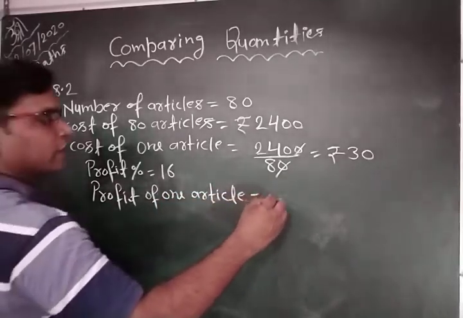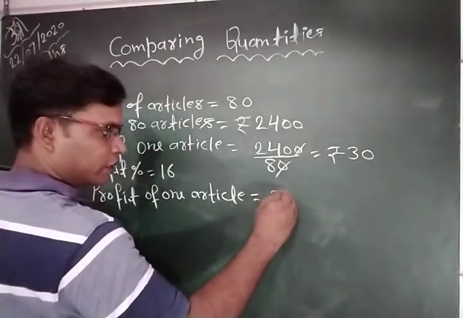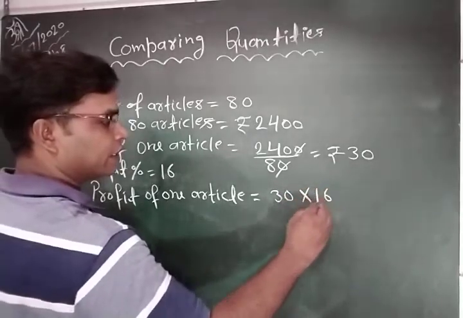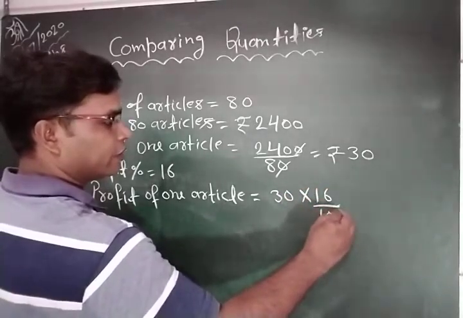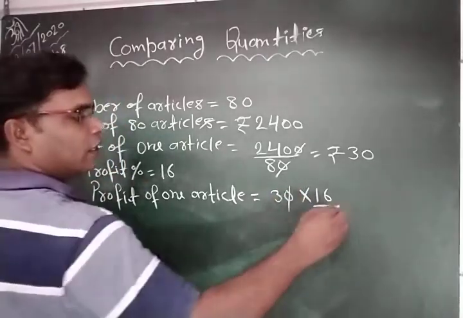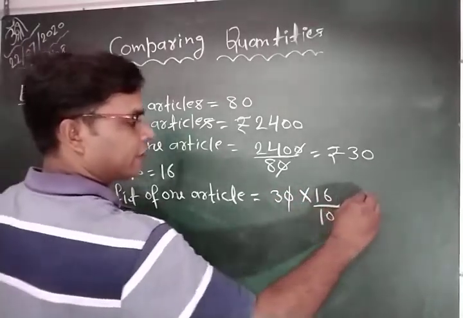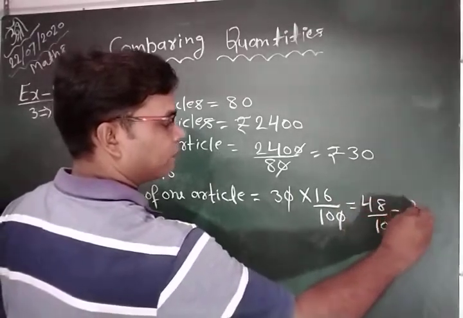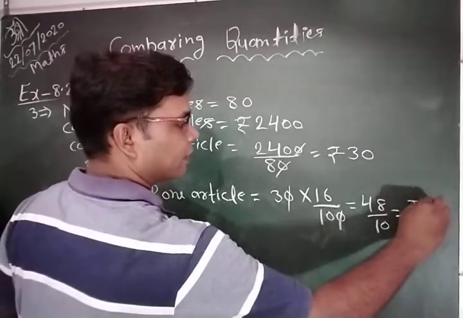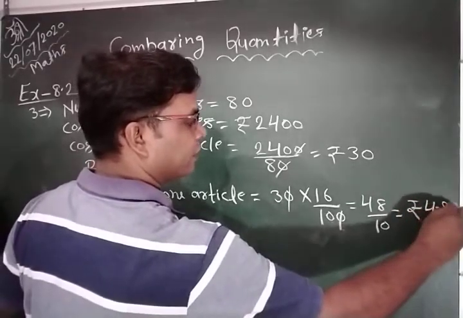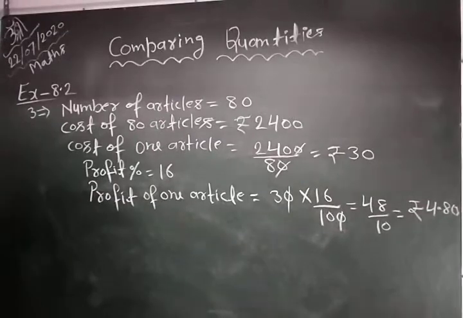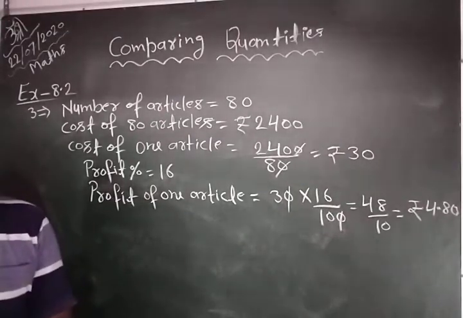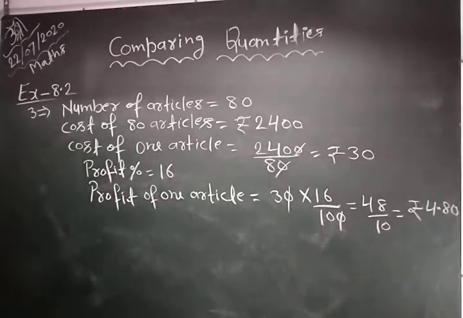This is equal to, the cost of one article is equal to 30 rupees, and the profit of one article is equal to 30 into 16/100. Okay. So 1 0 cancel here, and 16 3 is 48 by 10. In this we find the profit of one article is 4.80. Clear? 4.80 rupees.